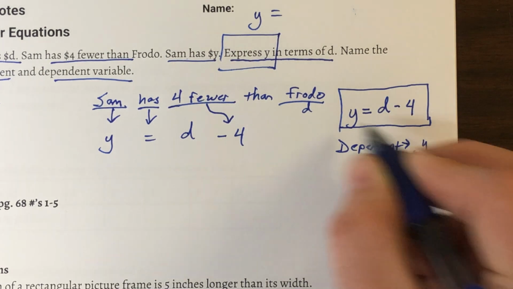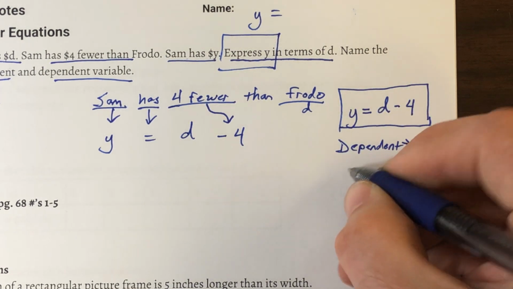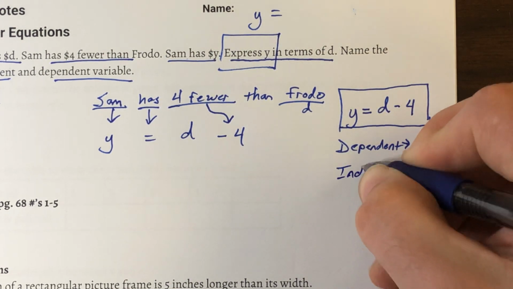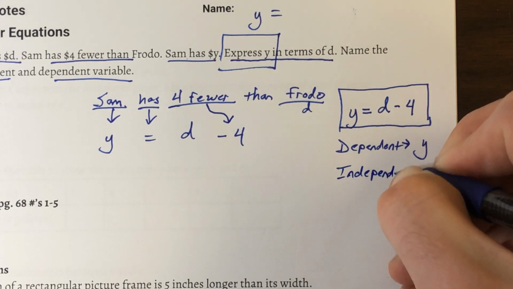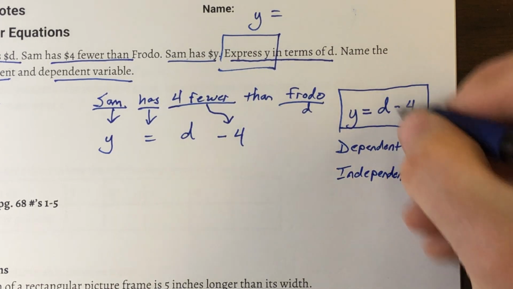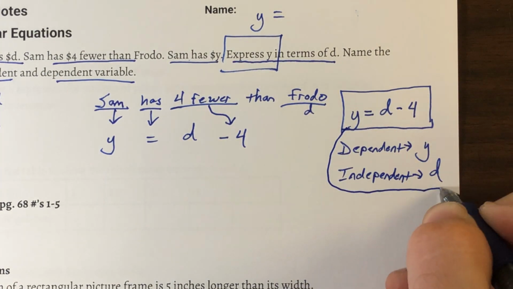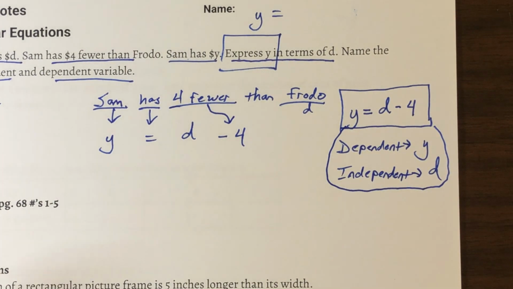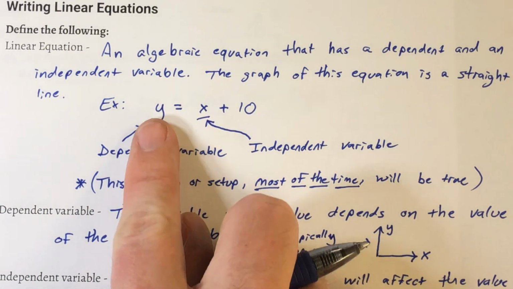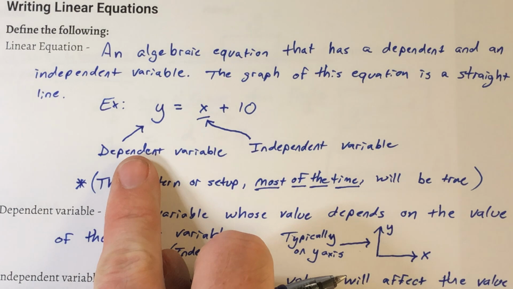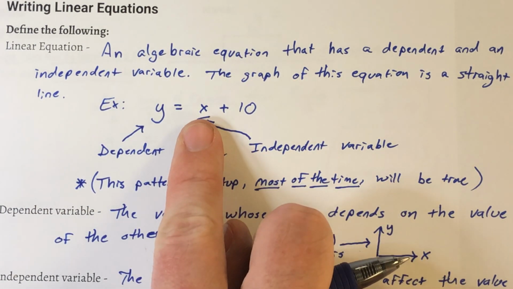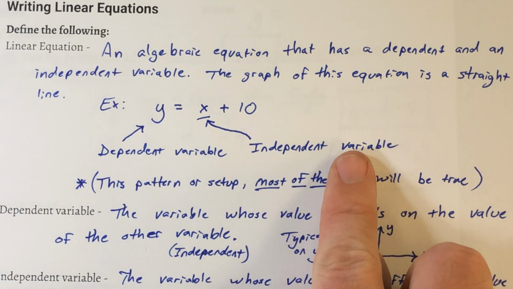So dependent is Y, it depends on Frodo. So our independent variable is D. And again, you can just simply follow that nice pattern that I gave you at the beginning, which states the variable by itself is going to be your dependent, and it depends on the other one, which will be your independent variable.